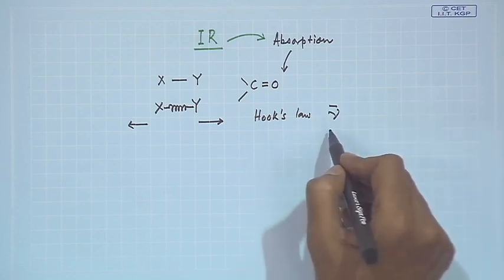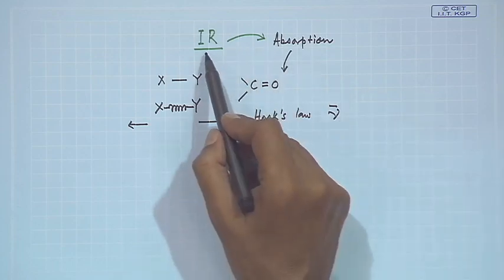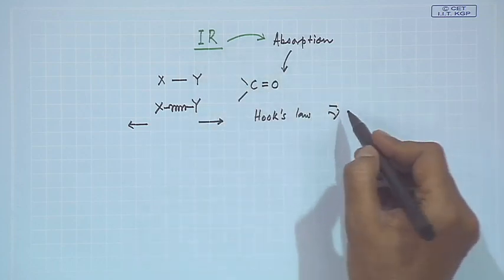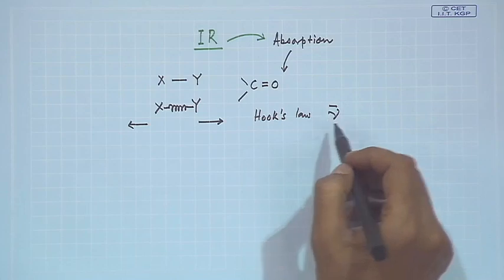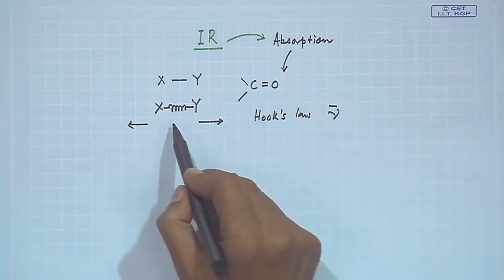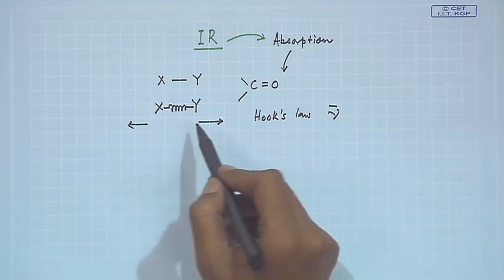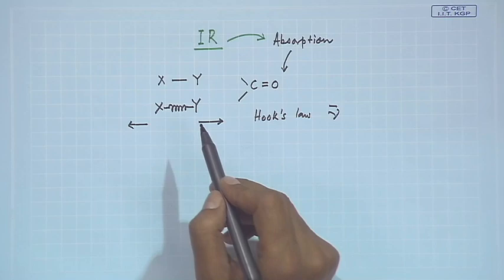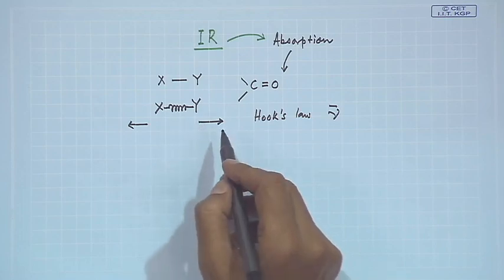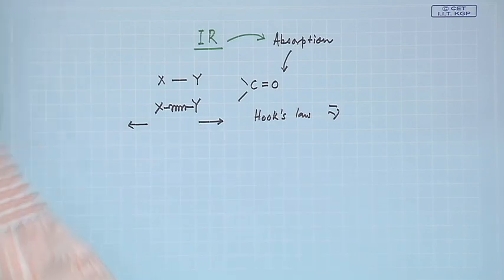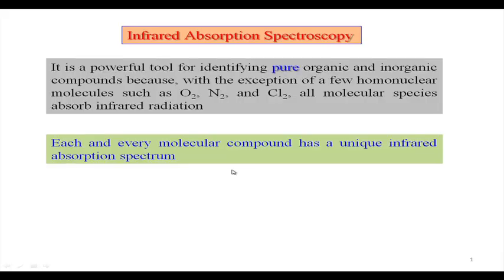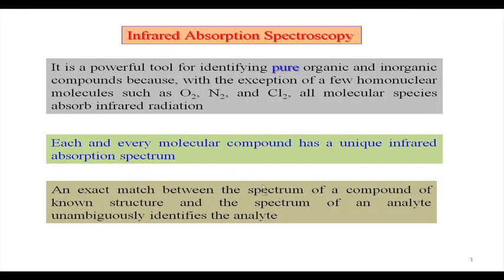So, it has a particular type of wave number unit which we can correlate with that of the IR radiation, and it is the corresponding matched radiation which can be absorbed by this particular molecular species XY, such that there will be a typical IR absorption, and what we want to monitor is the corresponding absorption of that particular radiation.